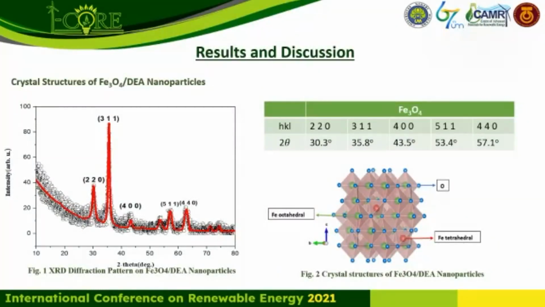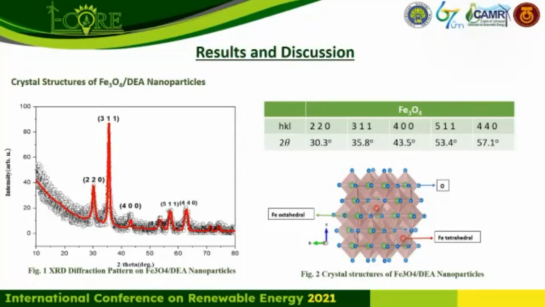So these are the results and discussion for crystal structures of magnetite diethylamine nanoparticles. In figure 1, it can be seen that the diffraction peaks indicate the presence of magnetite diethylamine nanoparticles, occupying the corresponding Miller indices shown in the table.